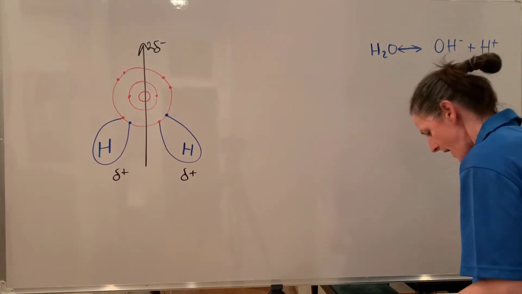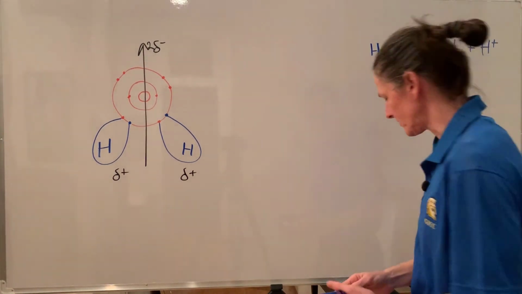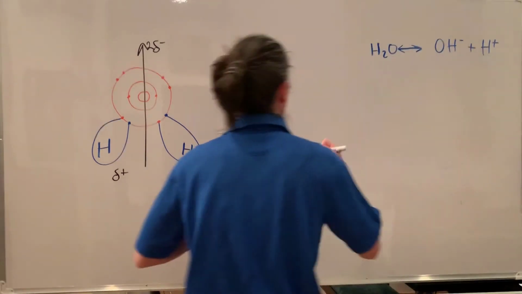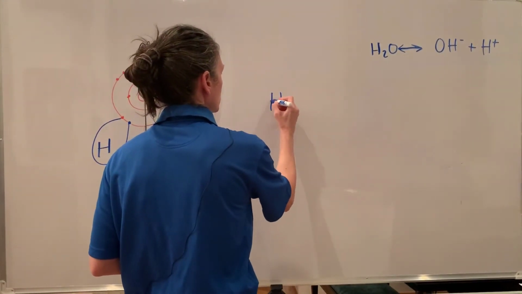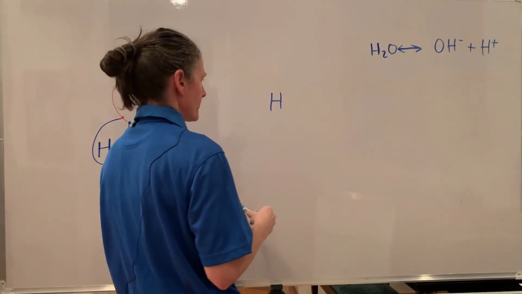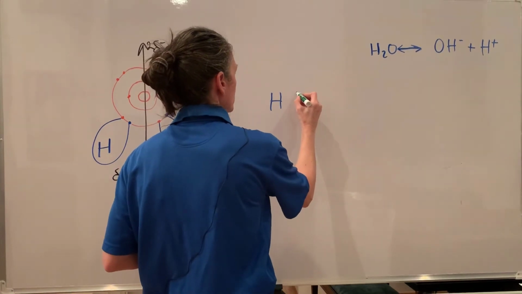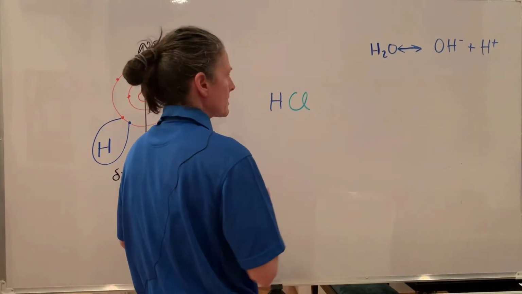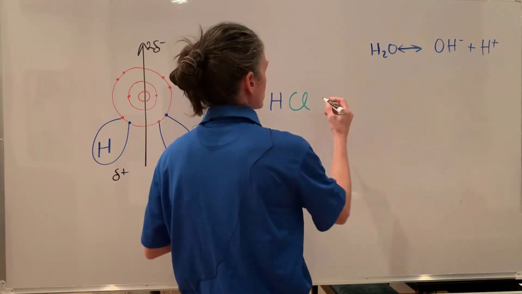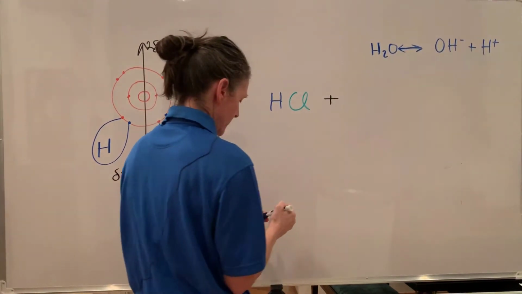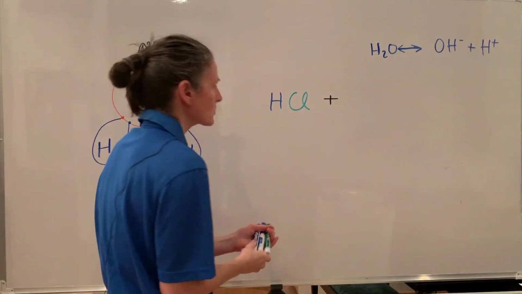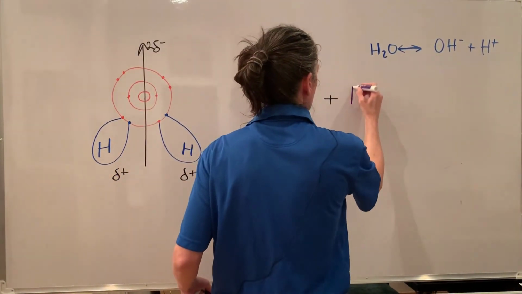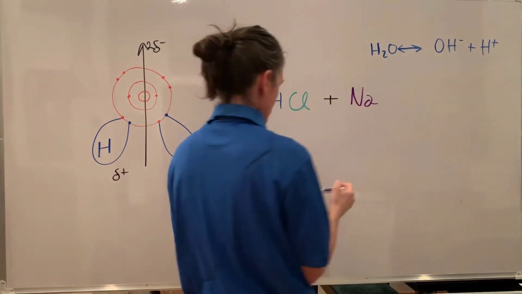Now let's look at what happens if you react the two together. If you take hydrochloric acid and mix it with sodium hydroxide, and if you were to do this in the lab, you would have to be extremely careful because you would get an extremely vigorous reaction, and one that could pretty much explode in your face if you're not careful.